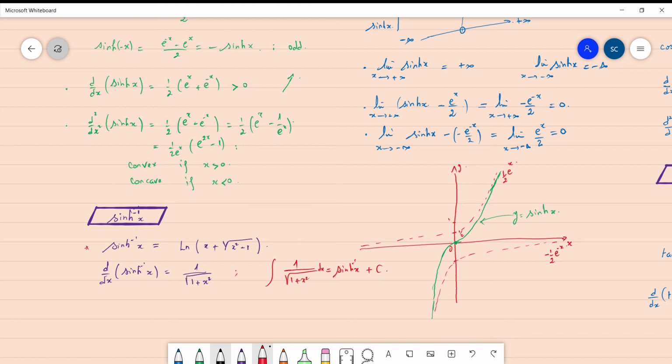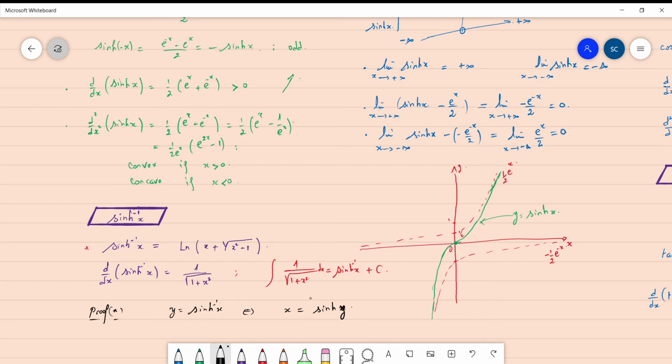Now how do we show this point? Proof of the star equality. Let's set y equal to the inverse sine hyperbolic of x. It is equivalent to say that x is sine hyperbolic of y.